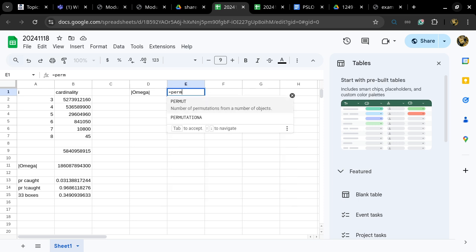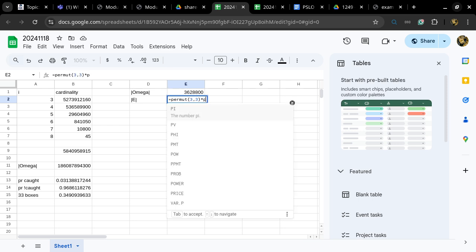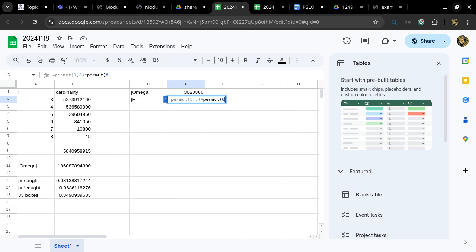But you can also use permutation, because 10 out of 10 is basically the same as 10 factorial. So now we look at the cardinality of E, which is permutation of 3 choose 3 times the permutation of 8 choose 8. Not 7, but 8.